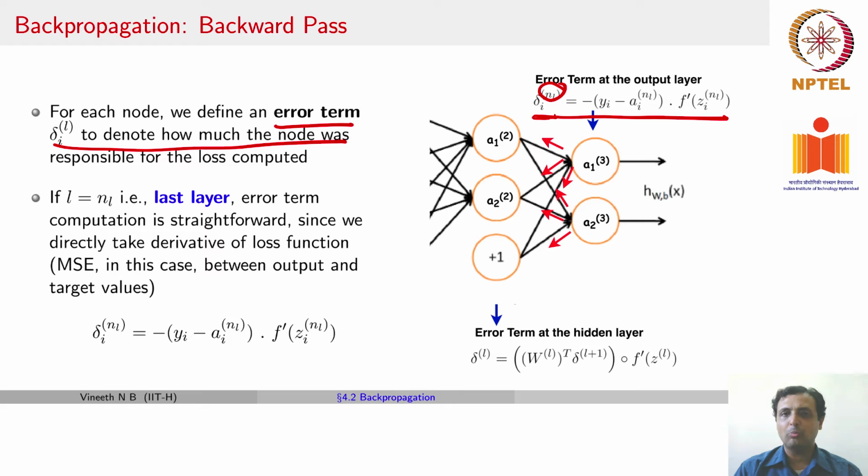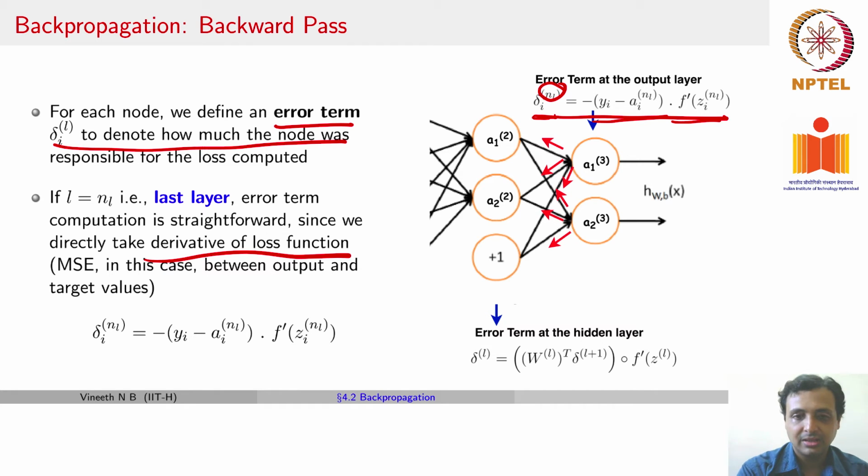And the error term at that output layer is given by minus (y_i minus a_i^(N_L)) times f prime of z_i^(N_L). How did we get that? This is simply the gradient of the mean square error. Remember, we said we are taking mean square error as the loss function. We simply take the derivative of the mean square error.